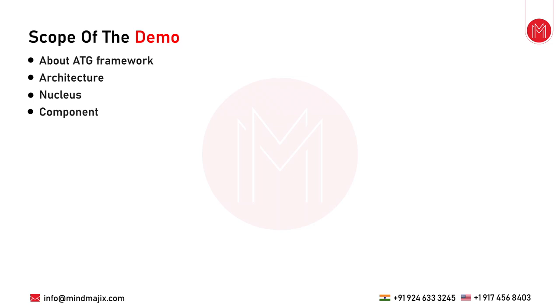Then we have something called the ATG merchandising server, which is BCC. BCC is Business Control Center, which is provided out of the box by ATG. BCC helps the merchandisers use it as a tool to import contents. Basically, they manage the catalog, manage the products, and manage other assets like PDFs and images. That's what BCC helps with.